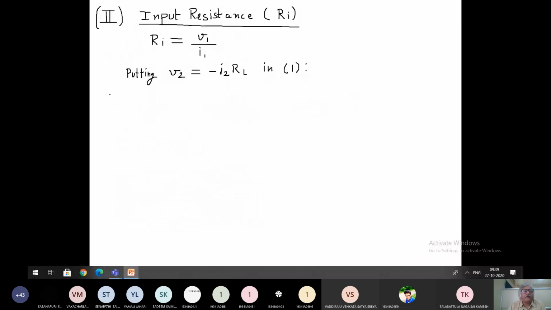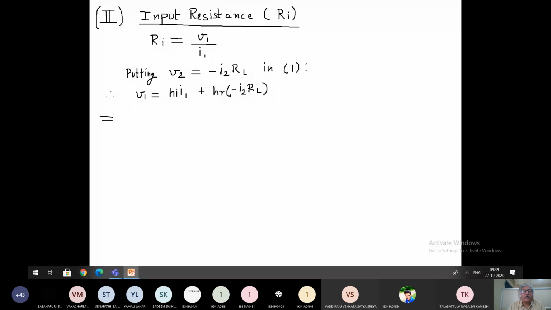So therefore, that equation will become V1 is equal to HI I1 plus HR, and this V2 we are putting here, in place of V2 we are writing minus I2 RL, right?